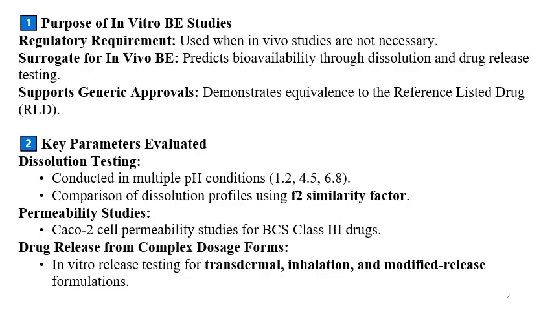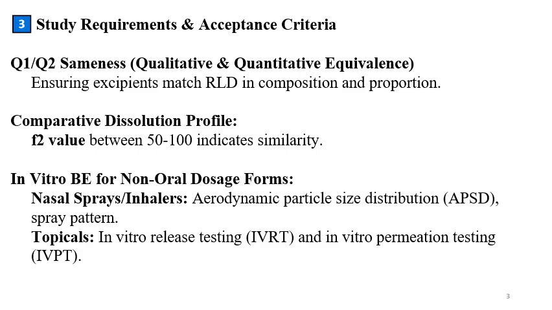Then release testing from complex dosage forms: in vitro release testing for transdermal formulations, inhalation formulations, and modified release formulations. Also, in vitro testing like dissolution testing can provide in vivo equivalence for the non-RLD strength formulations which are used for biowaivers.